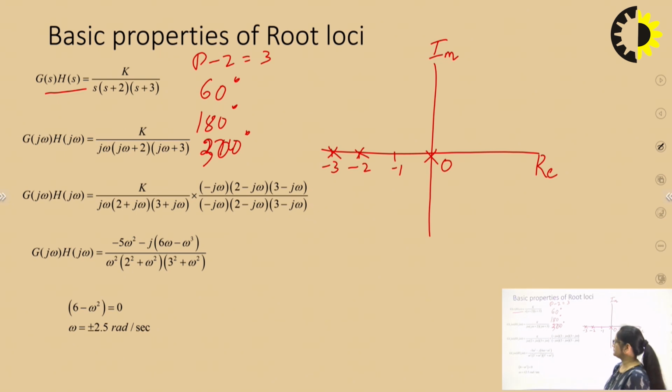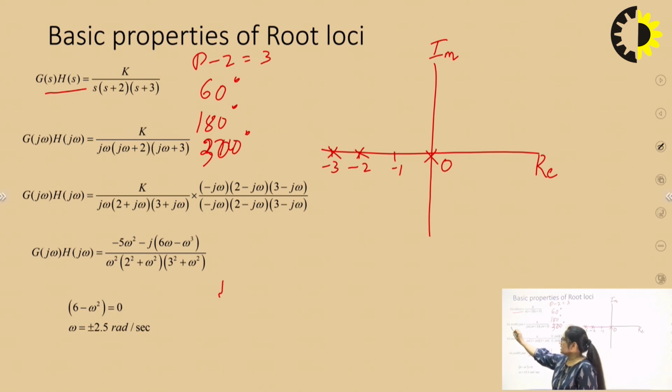One approach is, for the given open loop transfer function G(s)H(s), we are going to substitute s as j omega, here also s as j omega and here s as j omega. So it becomes now G(j omega). Since we are talking about the intersection with the imaginary axis, we are going to rationalize it so that we split the real and the imaginary terms.